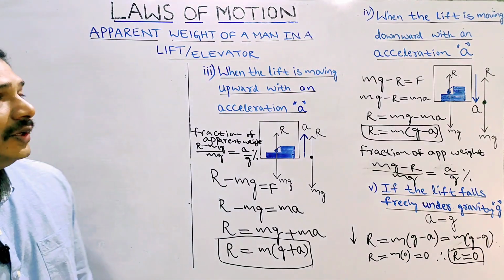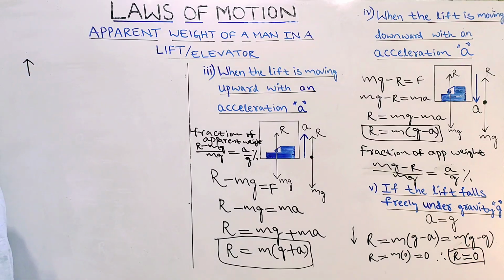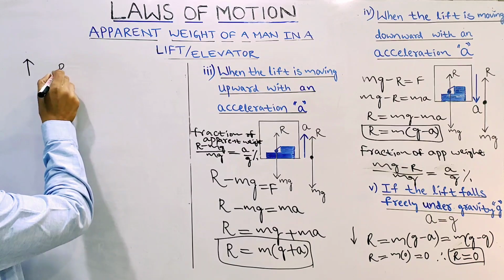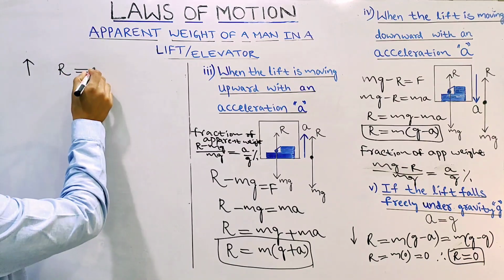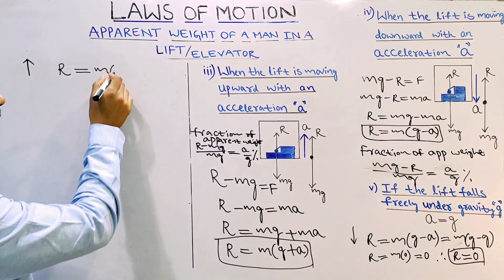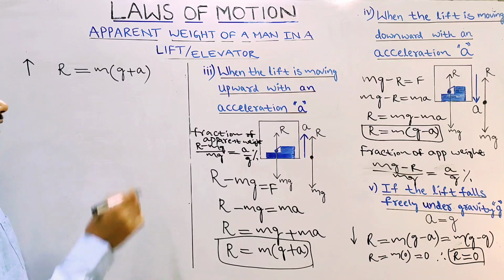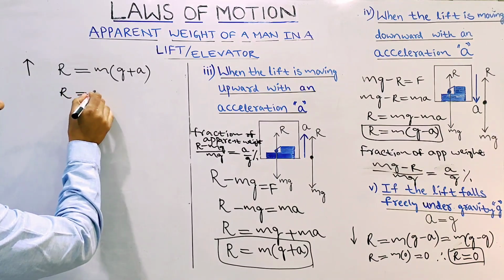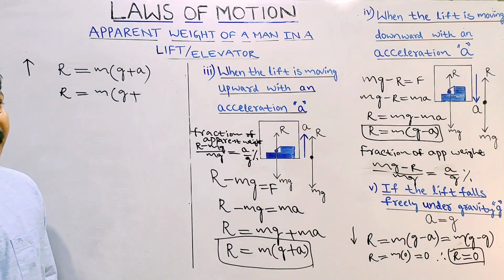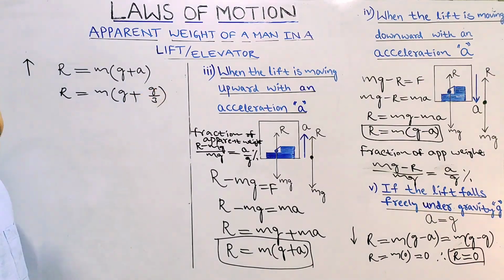So we'll see. When the lift is moving upward, what will be the apparent weight formula? R is equal to m of g plus a. But that person is moving with acceleration how much? One third of acceleration due to gravity. This a value is nothing but g by 3.